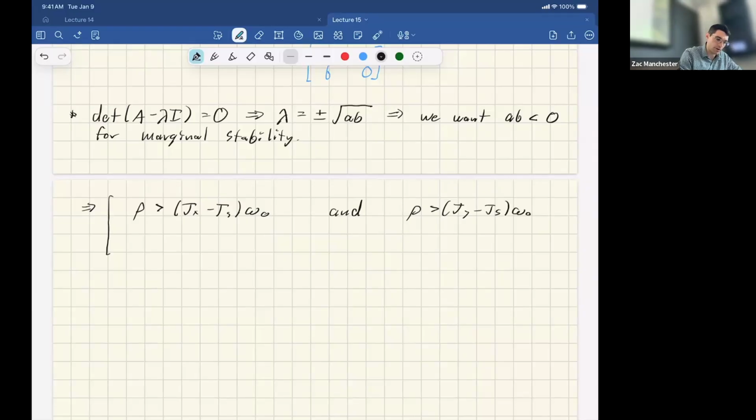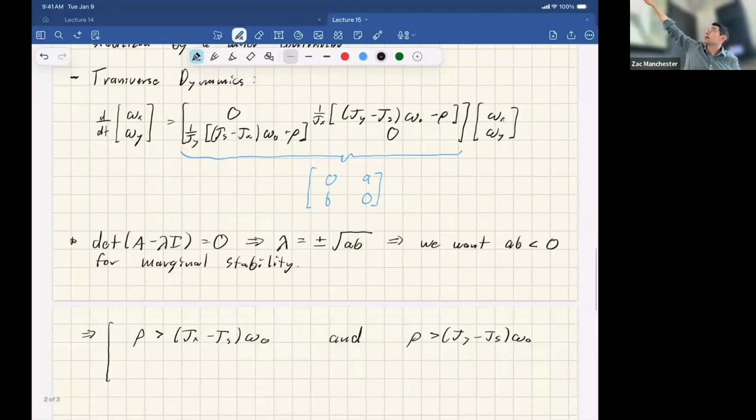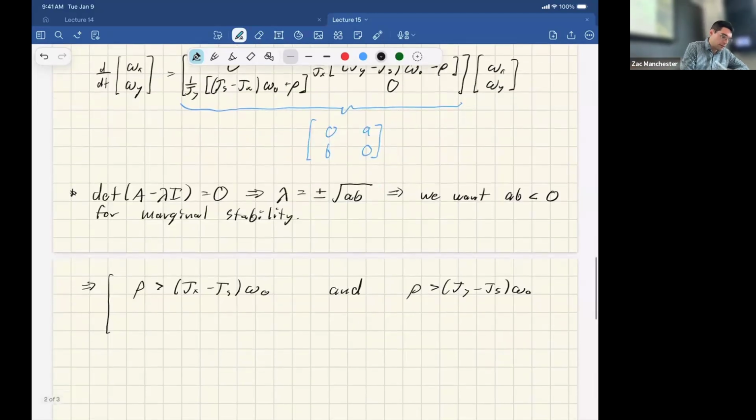And if I stare up here, what I'm trying to do is get one of those to be positive and one to be negative. And literally all that's saying is if I jack rho up, so if this scalar is bigger than these two terms, then this one's going to be negative, this one's going to be positive, life is good, and I get a simple harmonic oscillator. Or I can go the other way and have it be strictly smaller.